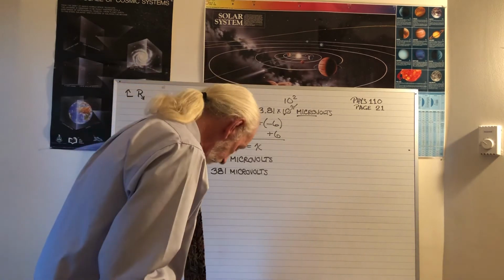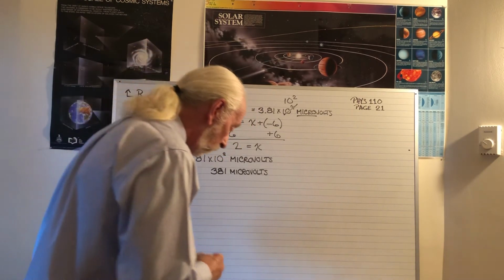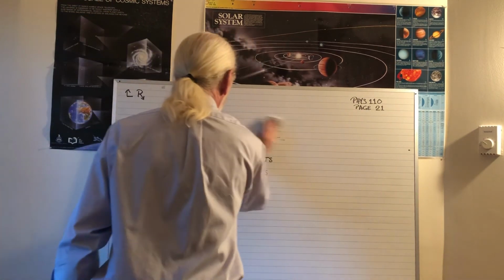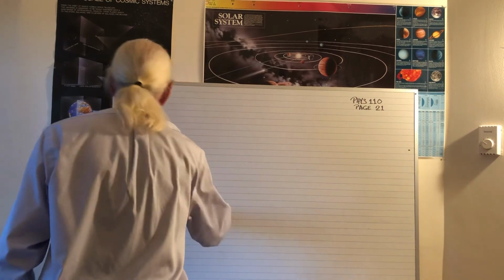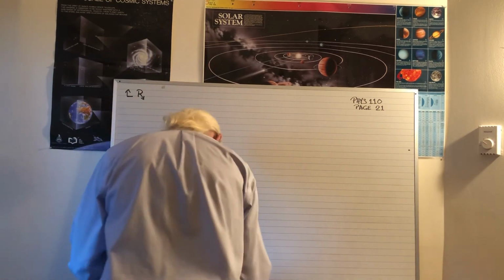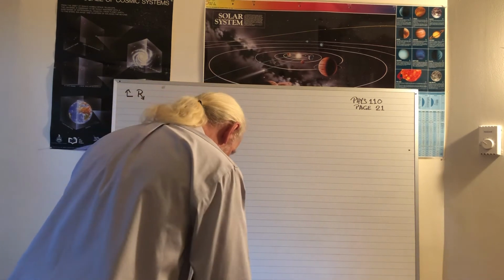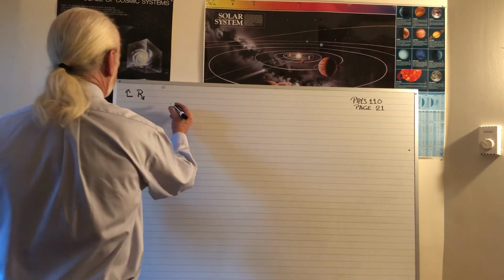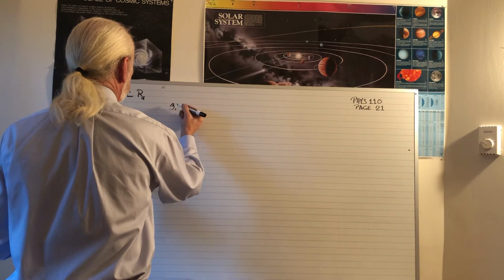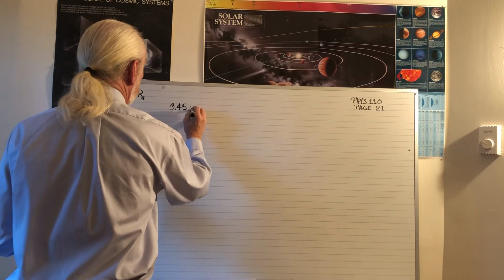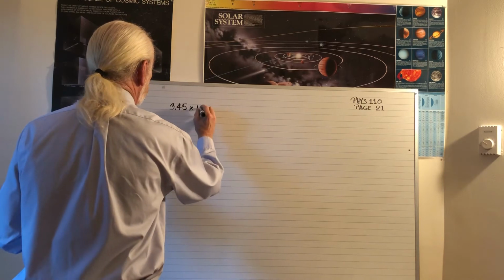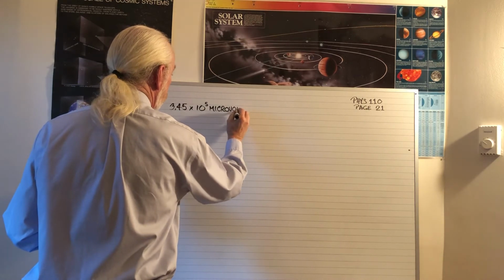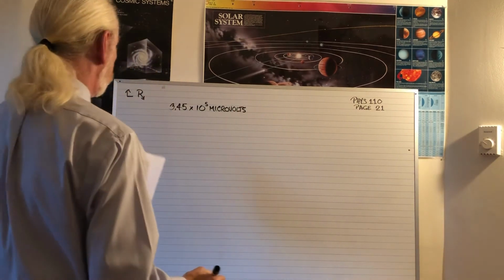All right. Last 4 are a little more straightforward. 0.45 times 10 to the 5th microvolts. And that is going to be changed to kilovolts.